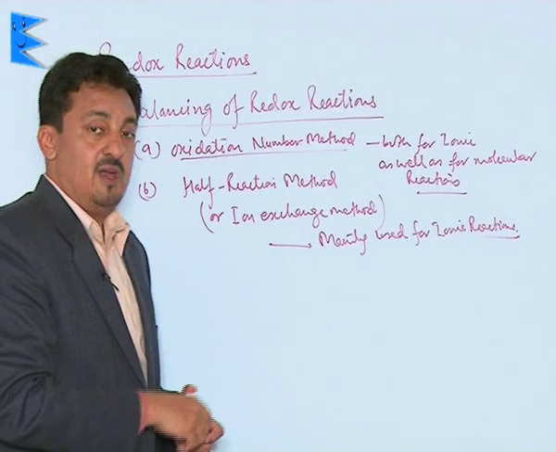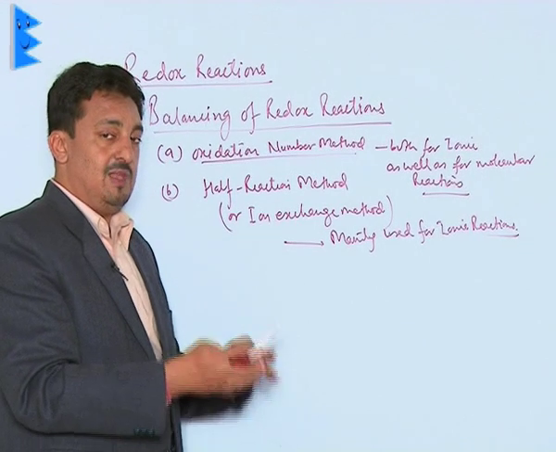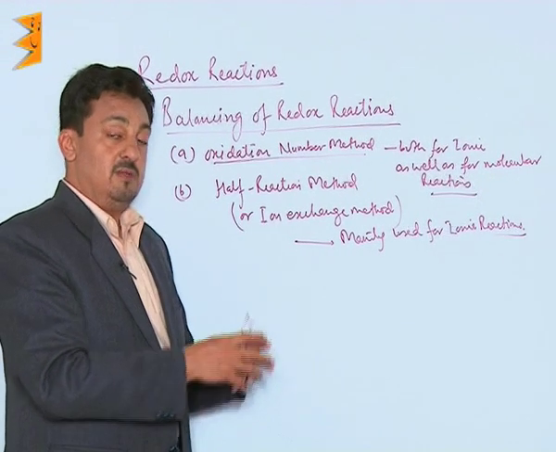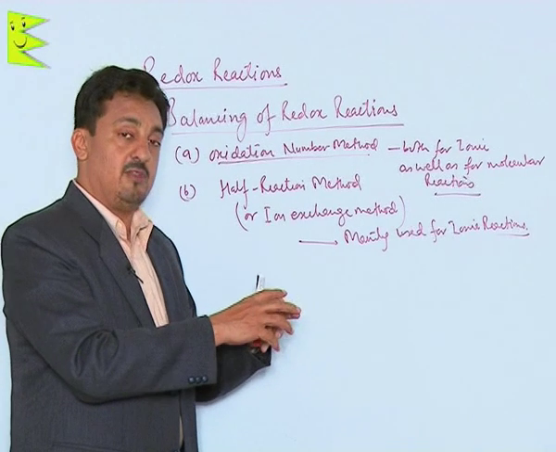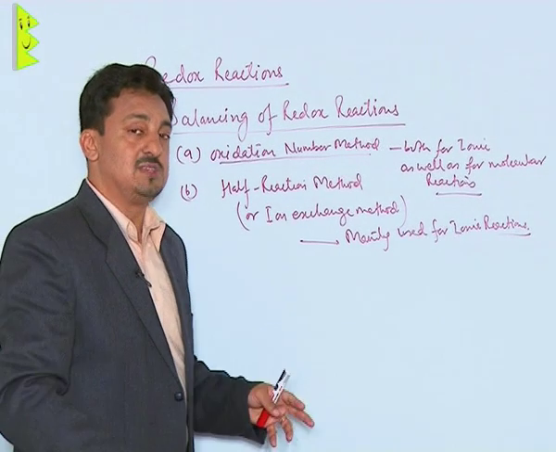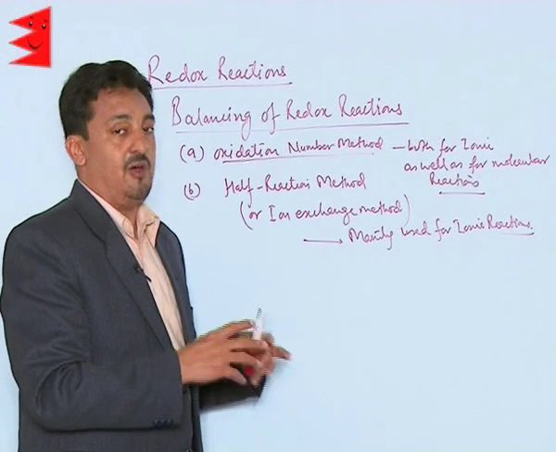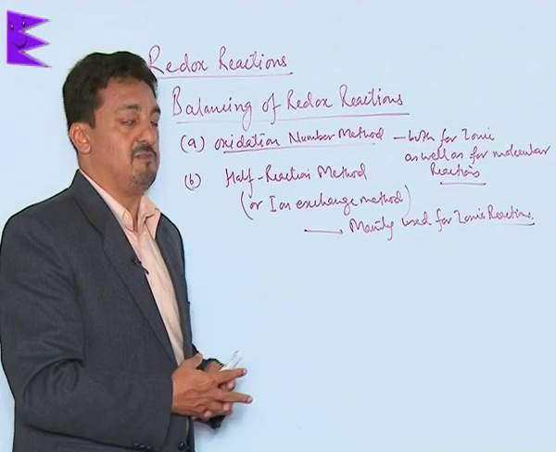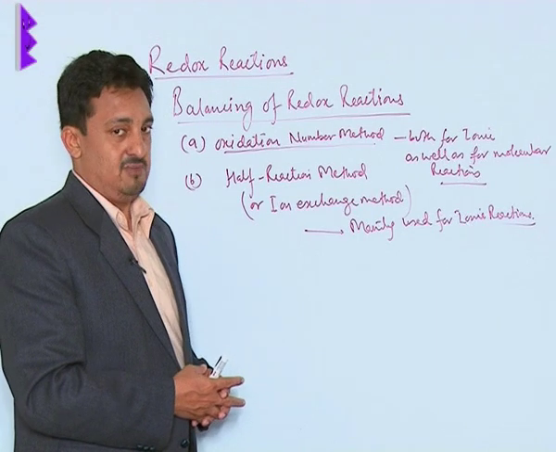Whenever we have ions in the reactions, we mainly use the half reaction method. Whenever we have the molecular redox reaction given in the form of molecular species, no ions involved, we mainly do it by oxidation number. But yes, the ionic reaction can also be balanced by the oxidation number method.